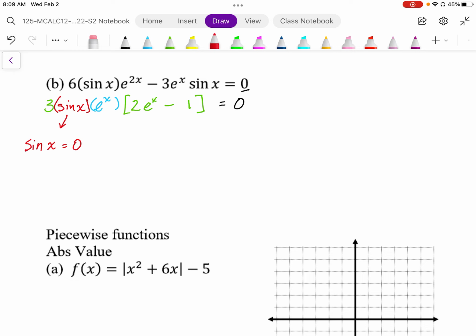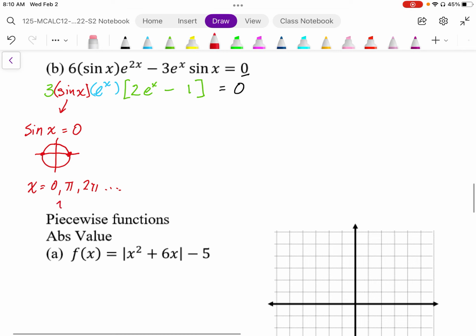Okay, so sine x is equal to 0 when the vertical component of the circle is equal to 0 at 0, pi, and then it's going to just repeat itself. So I'm going to end up with x is equal to 0, pi, 2 pi, and so on. This could be generalized as x equals n pi, where n is an integer.